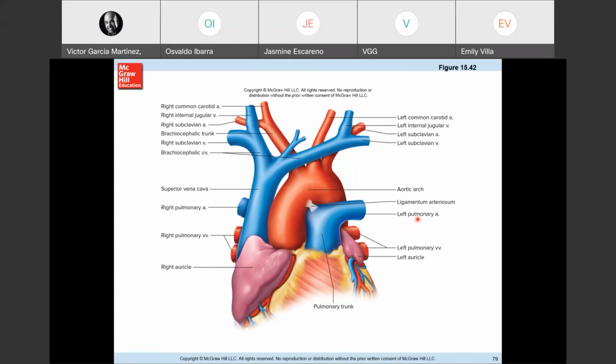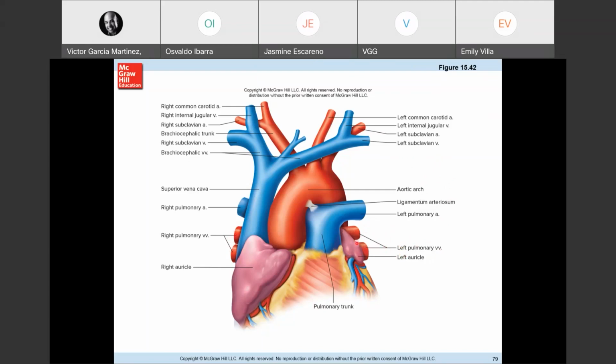Guys, arriving into the left atrium, we have four pulmonary veins: 1, 2, 3, 4. They are carrying oxygenated blood from the lungs into the heart.